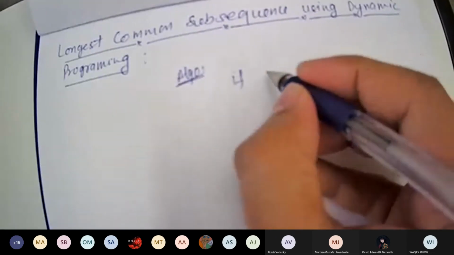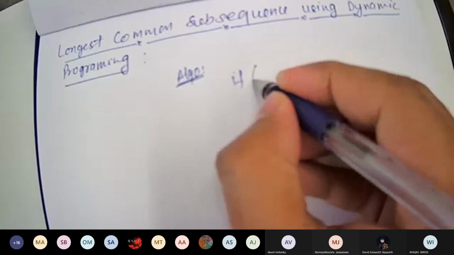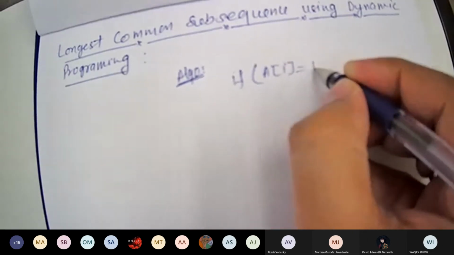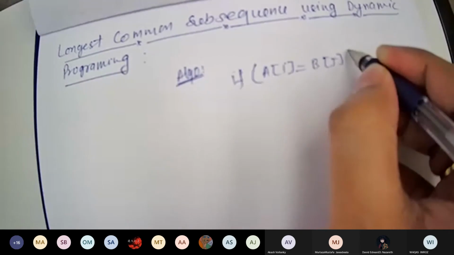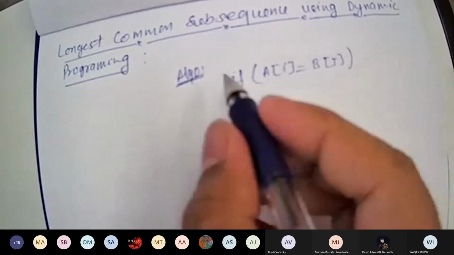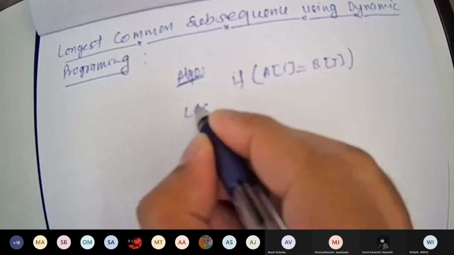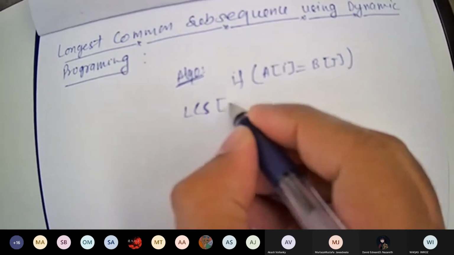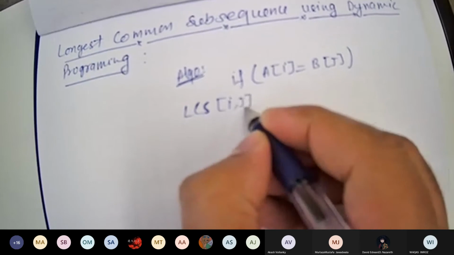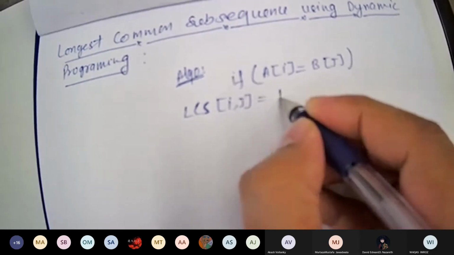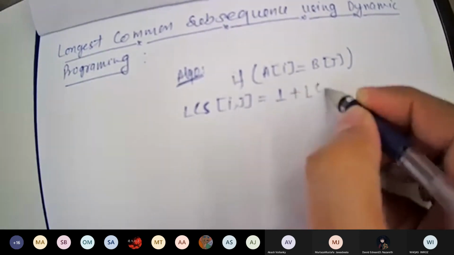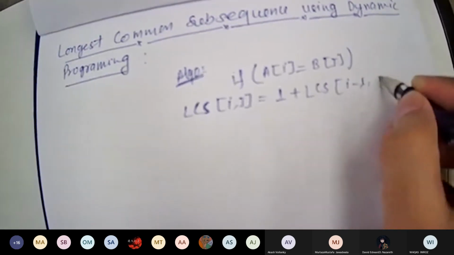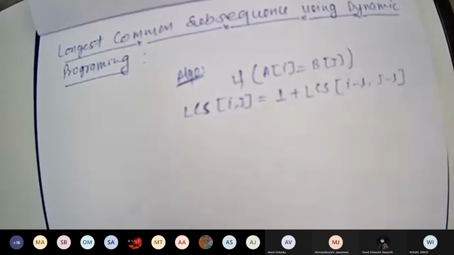If A of I equals B of J, means if both are equal, then you will calculate LCS of I J, which will be equal to 1 plus LCS of I minus 1, J minus 1.